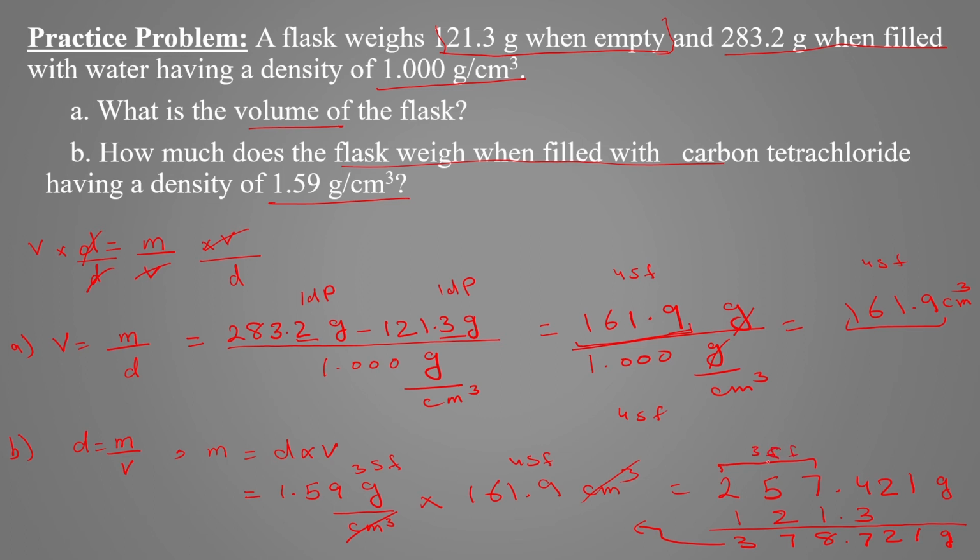The next thing that we are doing is adding these two numbers, and the rule for addition is you look at the decimal places. The decimal place for this measurement is 1 decimal place, but for this measurement under this bracket it is 0 decimal places, right? So you will be rounding this answer to 0 decimal places, which will be 379, because this is the last digit you need to keep, and the number after that is greater than 5.